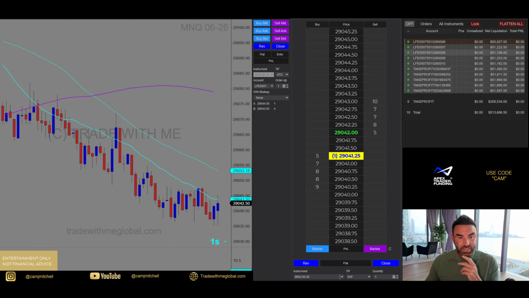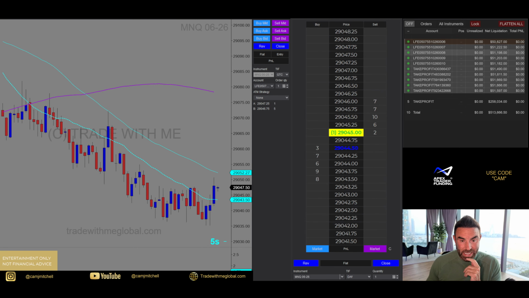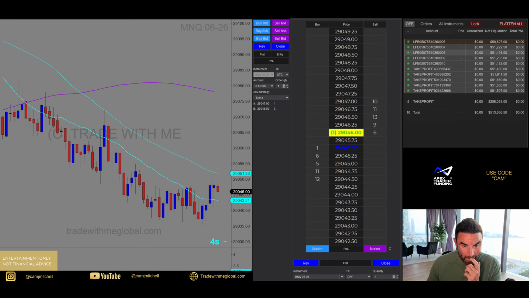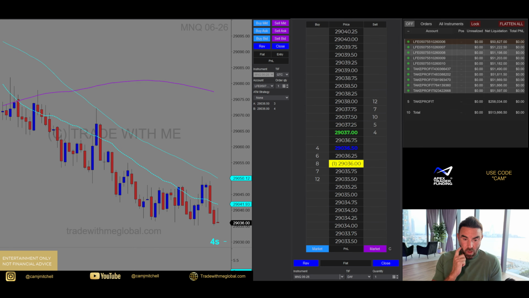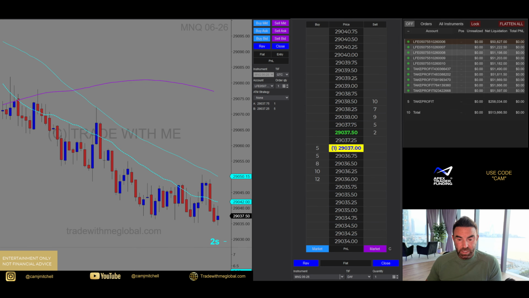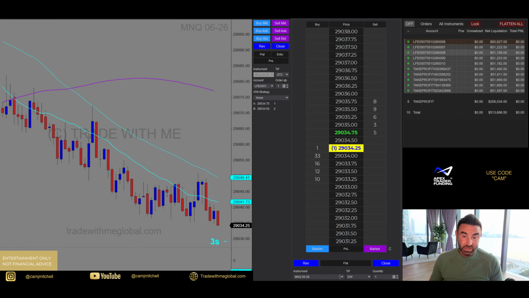Still dropping slowly. This is probably going to be the last chance, I think. Normally, if you're coming into a low and you want it to break the low, you'd expect momentum to be increasing.